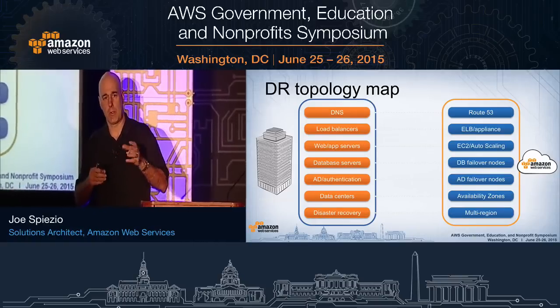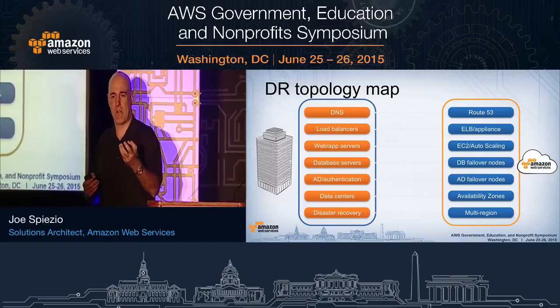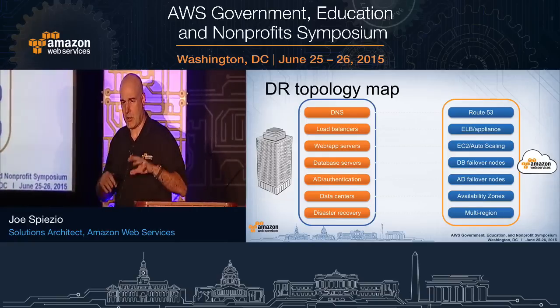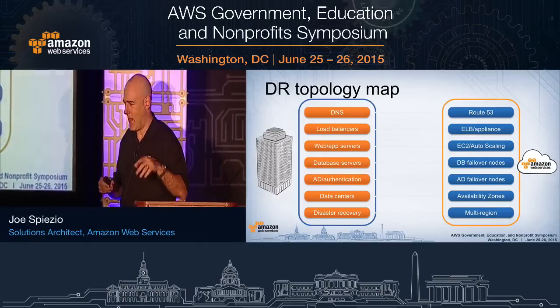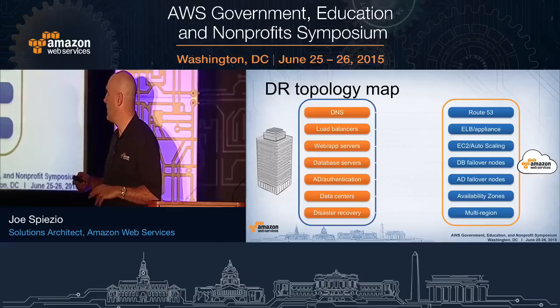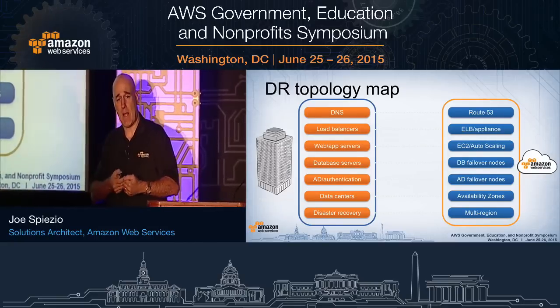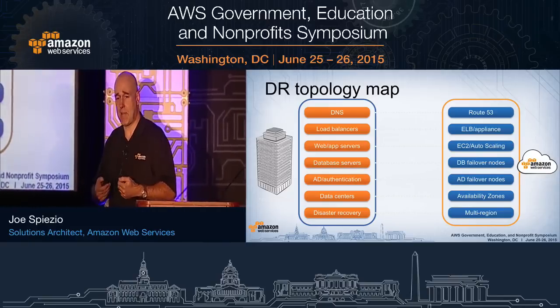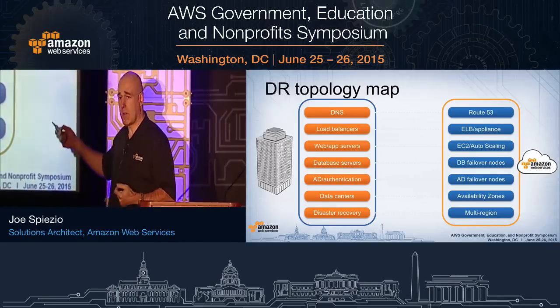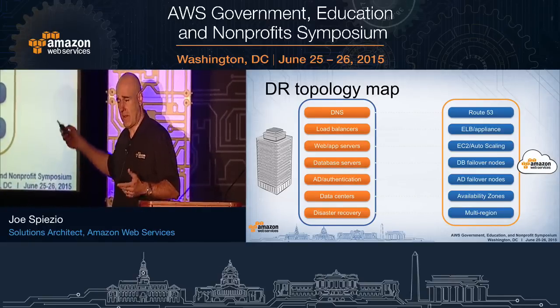If you don't know what those are, our virtual data centers, which are made up of physical data centers in a region. They're all separate and run on different floodplains, different power grids, and so forth. We have an analogous structure. So when you talk about mapping out your applications in an AWS data center, an AWS region, you're really talking about something that's familiar, just may have different names.